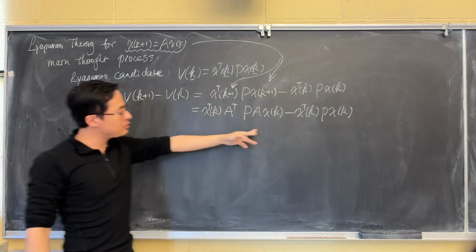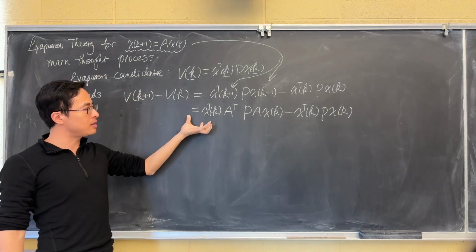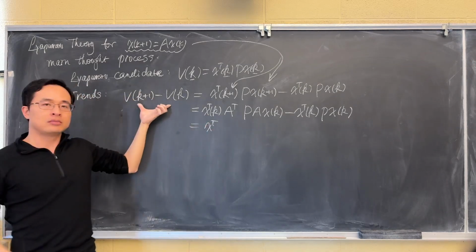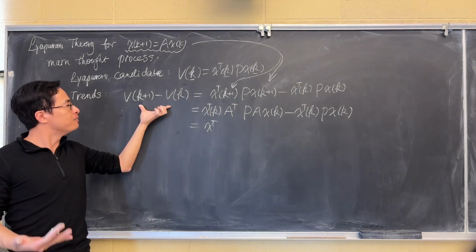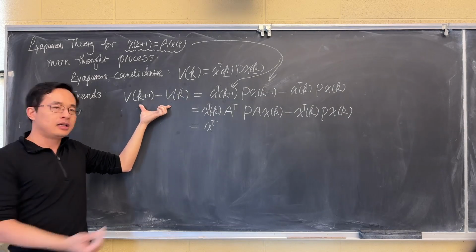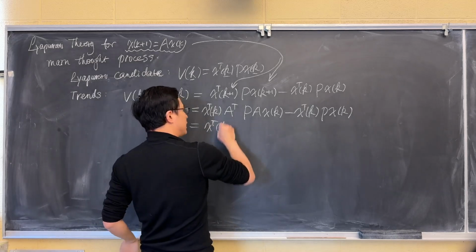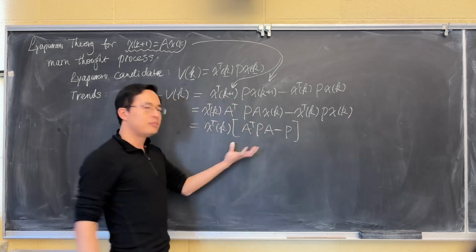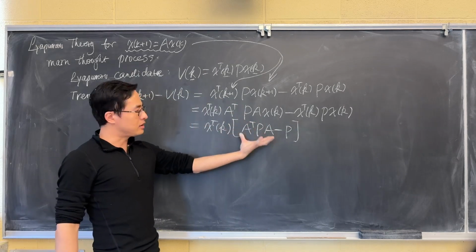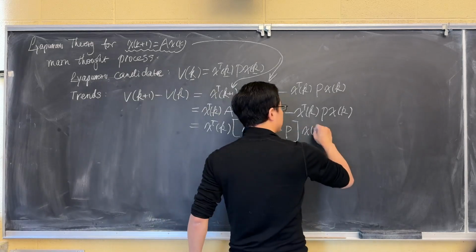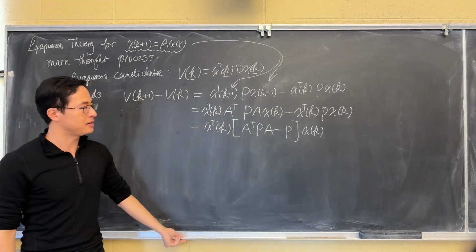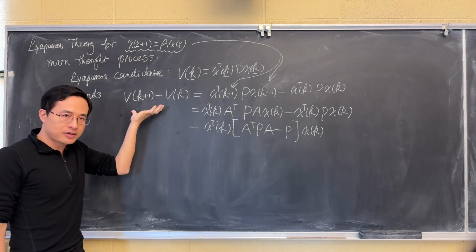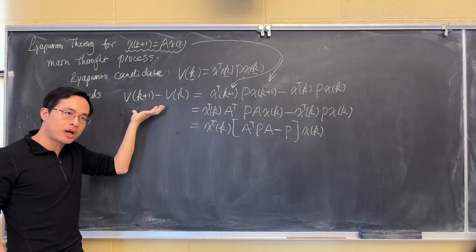The second term doesn't change, but once you substitute the system dynamics in here, immediately you can conclude that this change of the energy-like function is actually quadratic. It can be written in this form. You can combine the matrices in the middle, and on the left and on the right, you're left with x_k^T and x_k. So the change of the energy is in a quadratic form.